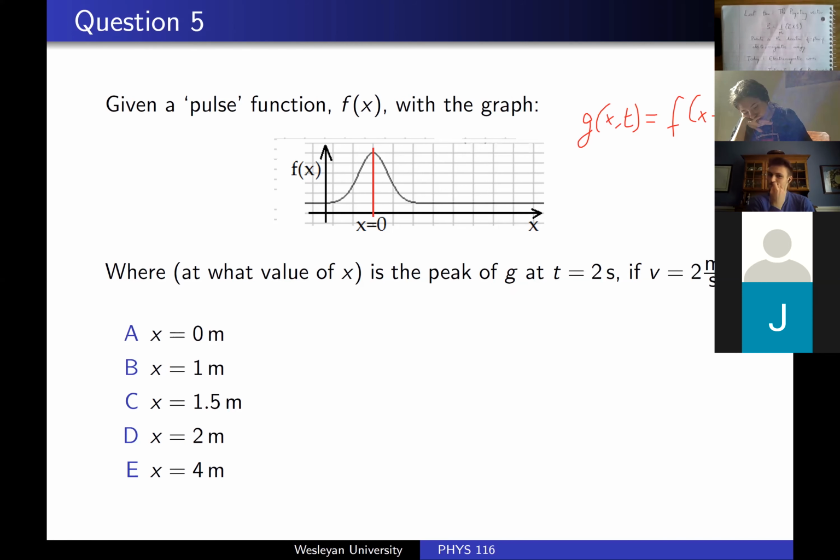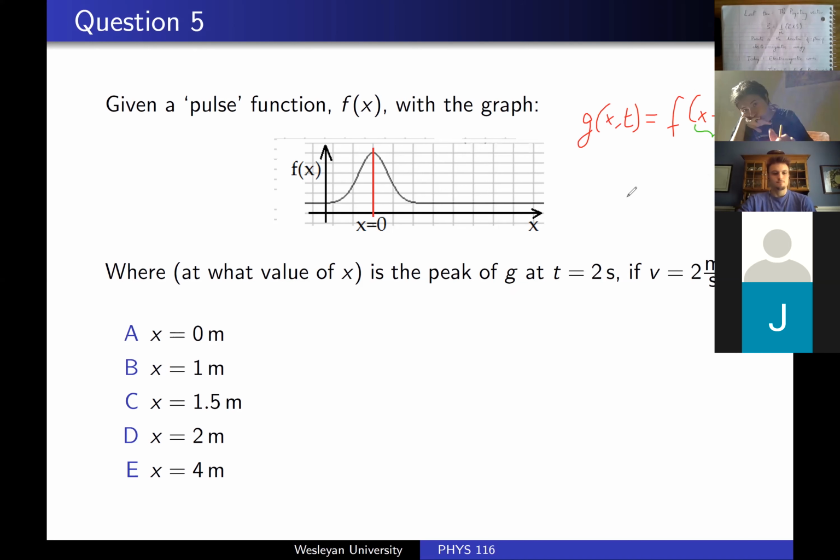We know that the f graph will peak when its argument is 0. This is the argument of the function, right? So whenever this argument is 0, that is where the peak will be.